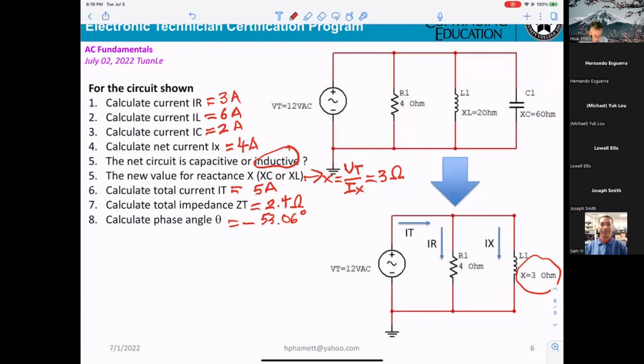Okay. And the questions from 1 to 8 for the parallel circuit.